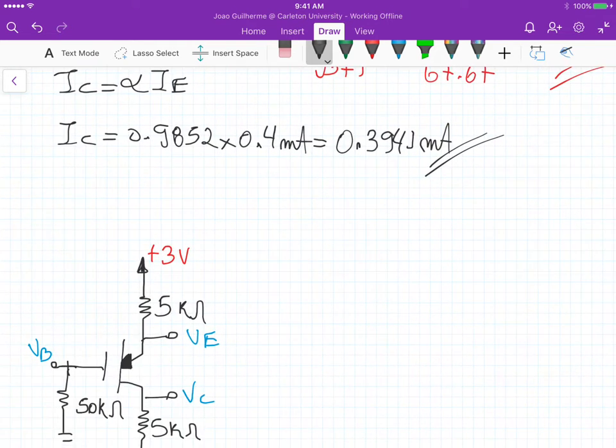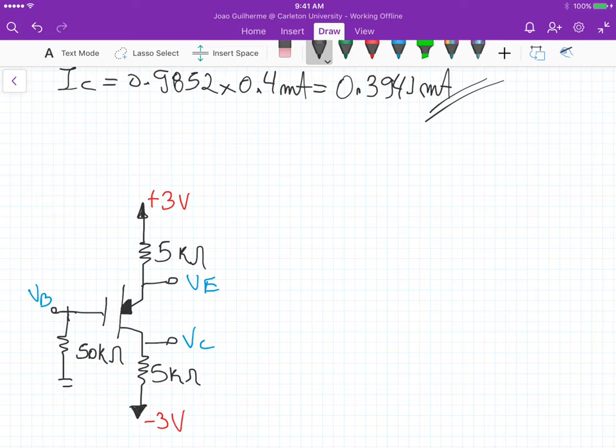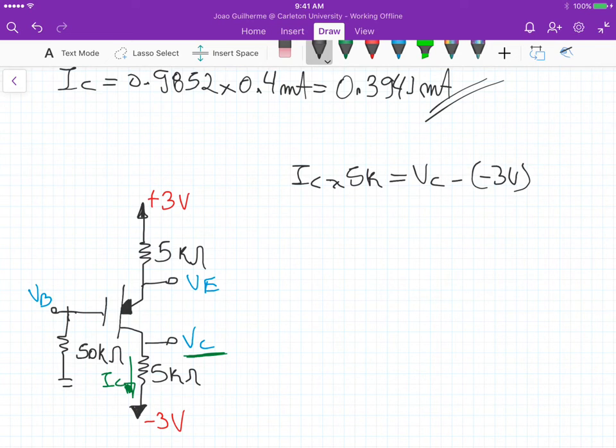And if we look at the circuit here, if we know the voltage here and the current IC, we can calculate VC, right? Because we know the voltage across that 5K, so it's equal to IC times 5K, and that's equal to VC minus those minus 3 volts. So VC is equal to IC times 5K minus 3 volts, because this one here becomes positive and goes to this side.